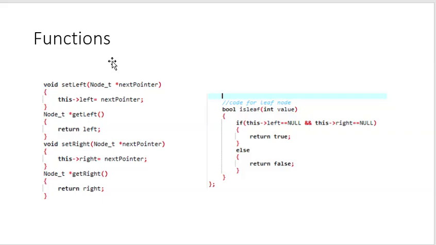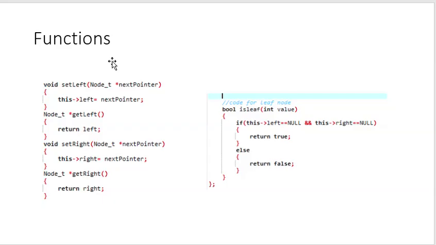So in the function set left we assign left a next pointer, and in get left it will return the left pointer. Just like for left, we will create a function for right and assign a next pointer to the right, and for returning right we will create get right, and we will create these pointers with the name of the class.